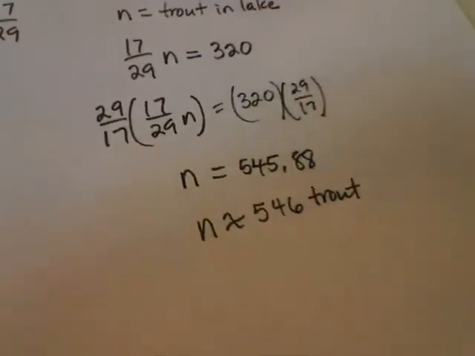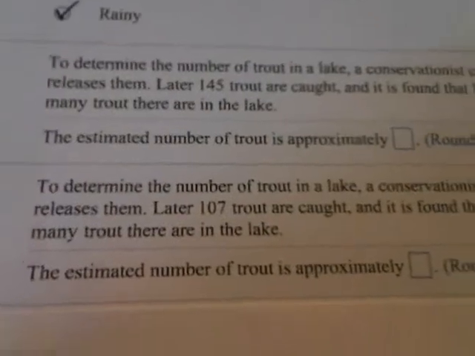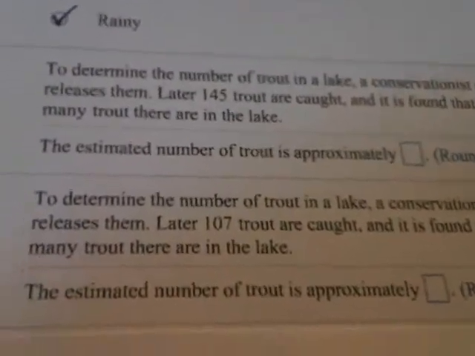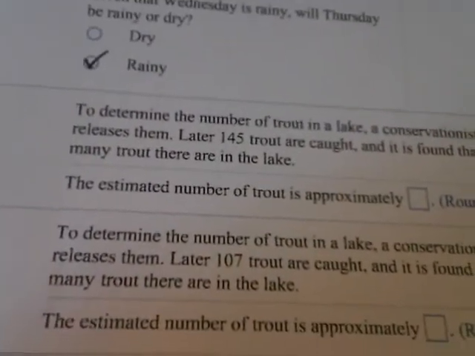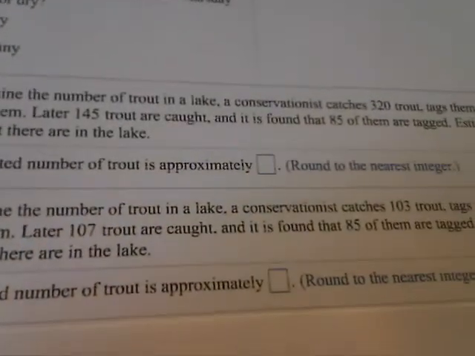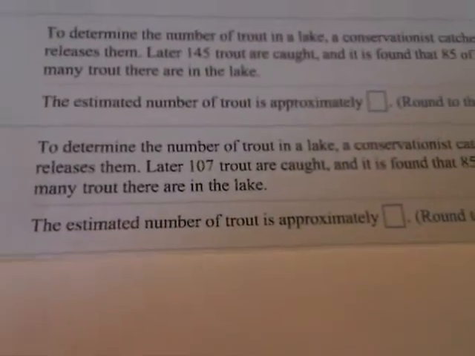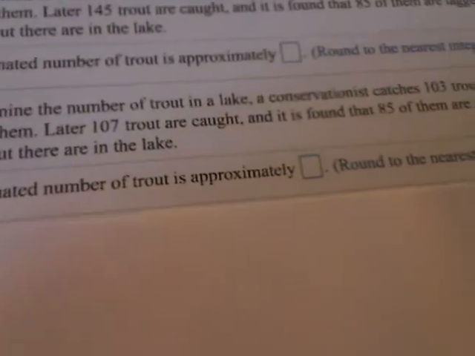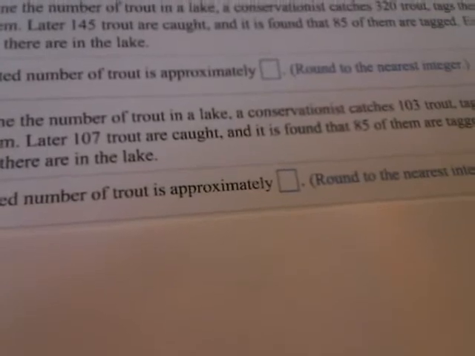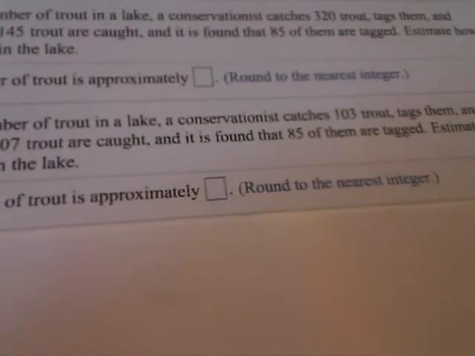All right, here's another problem that's similar to that trout problem I just did, and this is the last problem in this homework set. To determine the number of trout in a lake, a conservationist catches 103 trout, tags them, and releases them. Later, 107 trout are caught, and it is found that 85 of them are tagged.